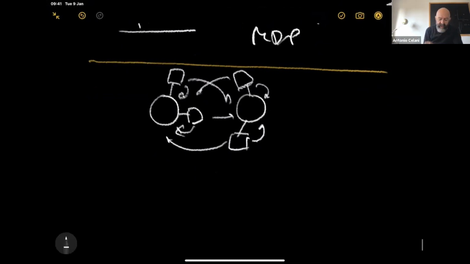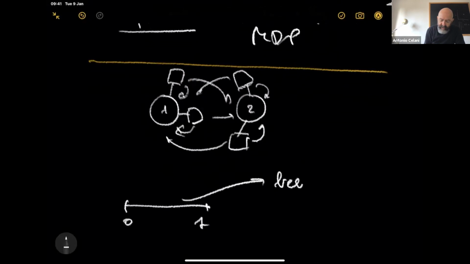What is important here is that, since there are just two states, your belief space is one-dimensional, just an interval from 1 to 0. This is your belief space. Why is that? Because you can think that this is the probability of being in state 1. And of course, the probability of being in state 2 is just 1 minus that. So there's just one single real variable between 0 and 1 that describes the belief space.